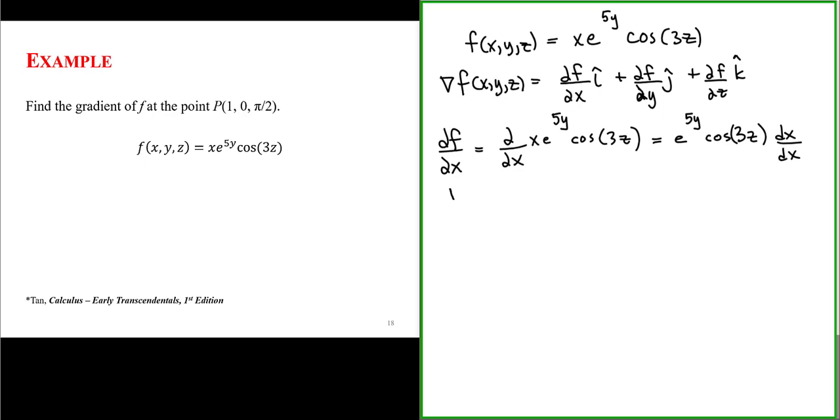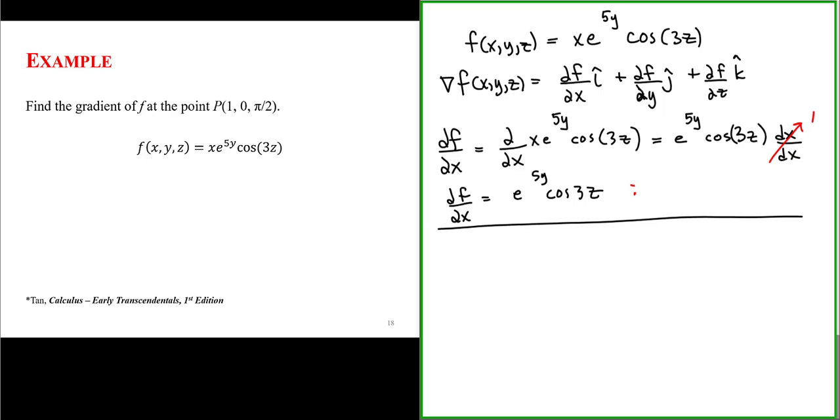So this means that the partial of f with respect to x is just e to the 5y cosine of 3z, where we recognize that the derivative of x with respect to itself is just 1. So here is the x component of our gradient of our function.